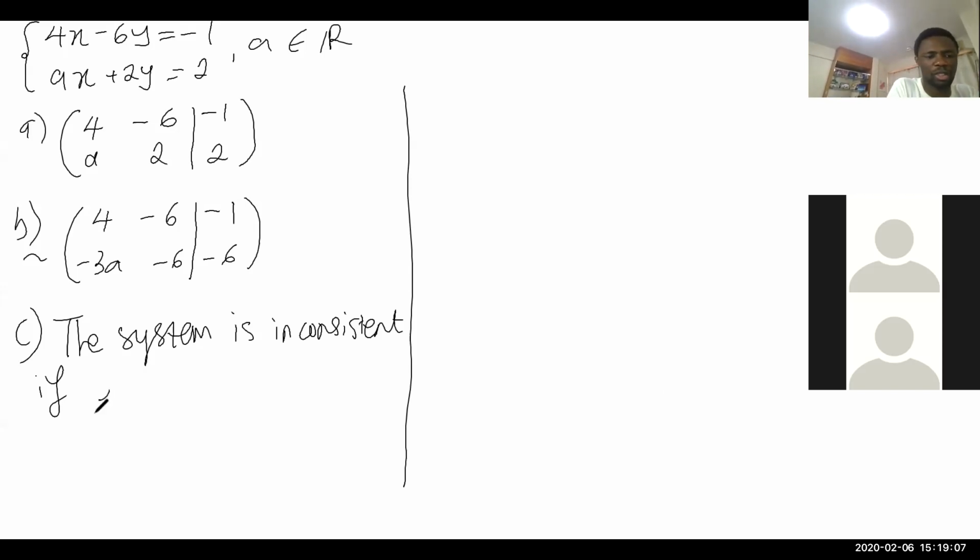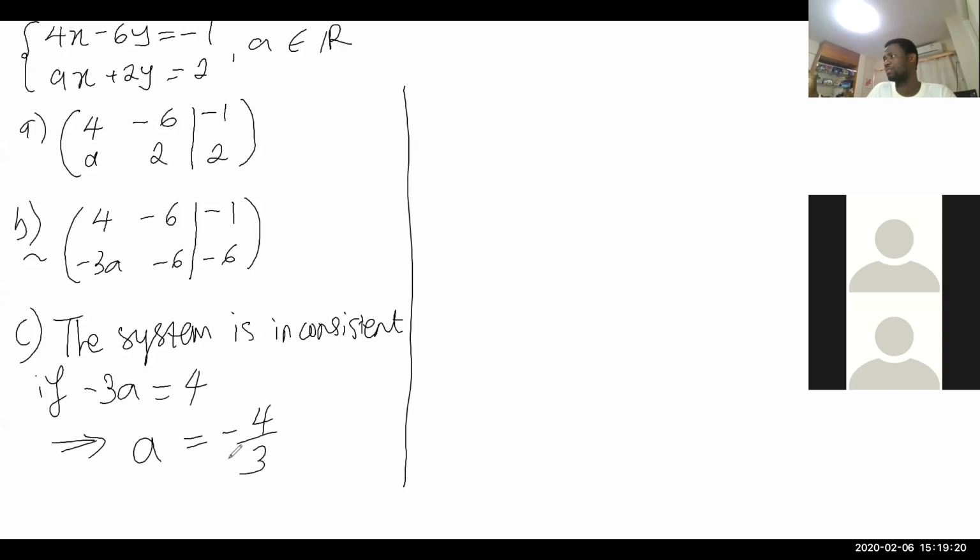So if negative 3a is equal to 4, that implies a is equal to negative 4 over 3. And that's all. Okay, for what value of a? So that is the only value. Okay. Any questions?